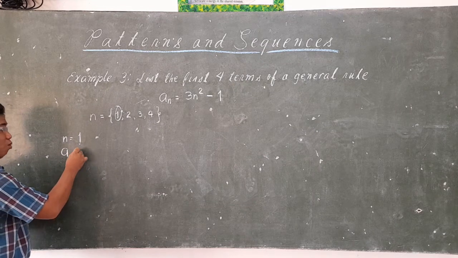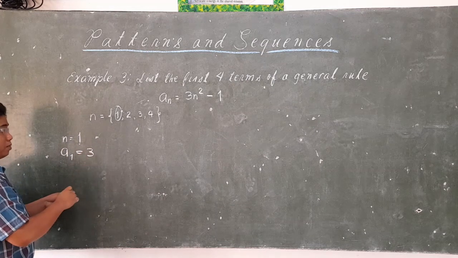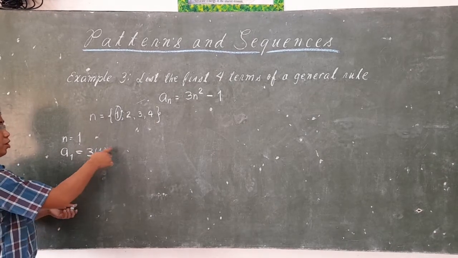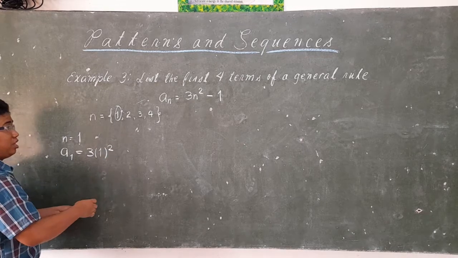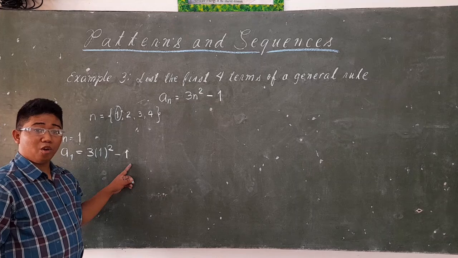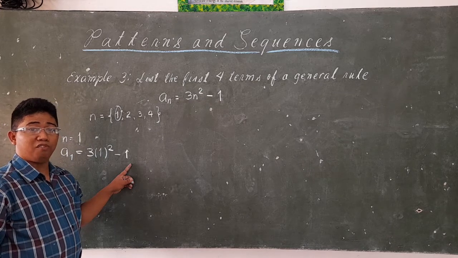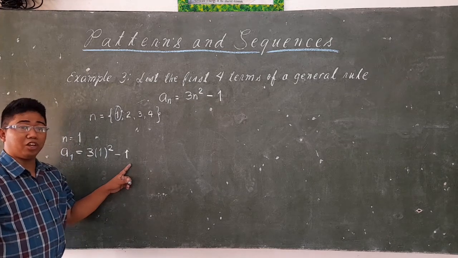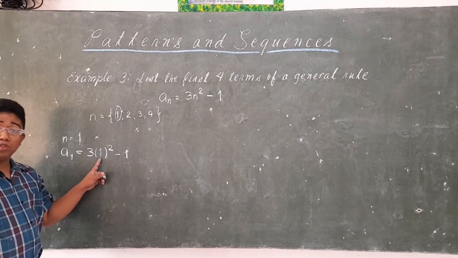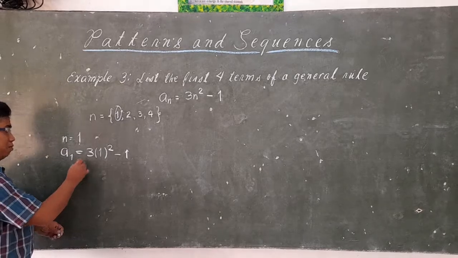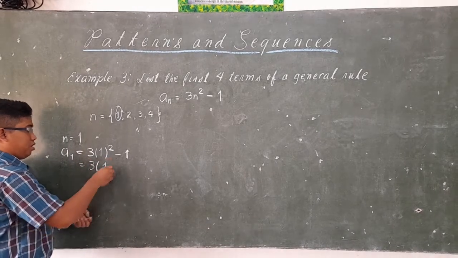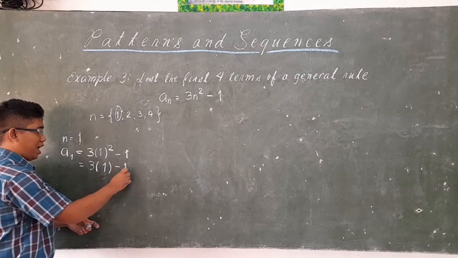A sub 1 is equal to 3 times 1 squared minus 1. Remember, students, you are going to apply the order of operations. First would be your exponent, so we simplify 1 squared. So it becomes 3 times 1 minus 1.